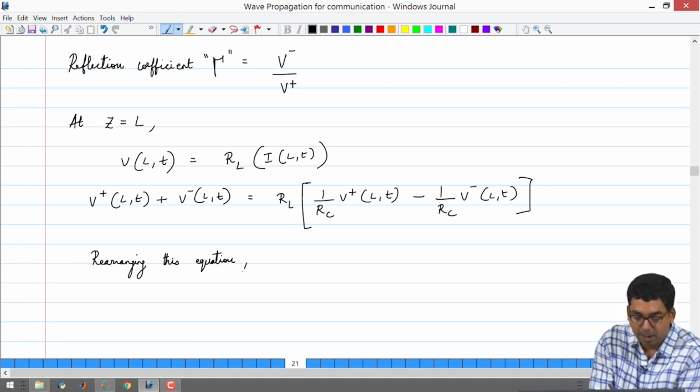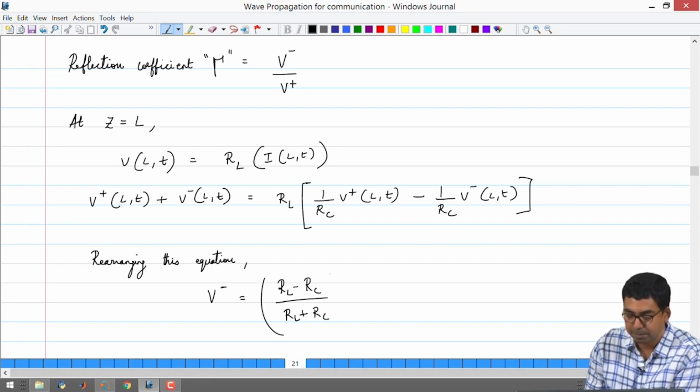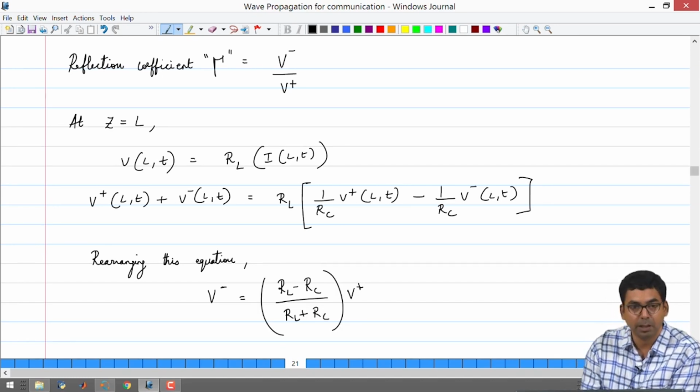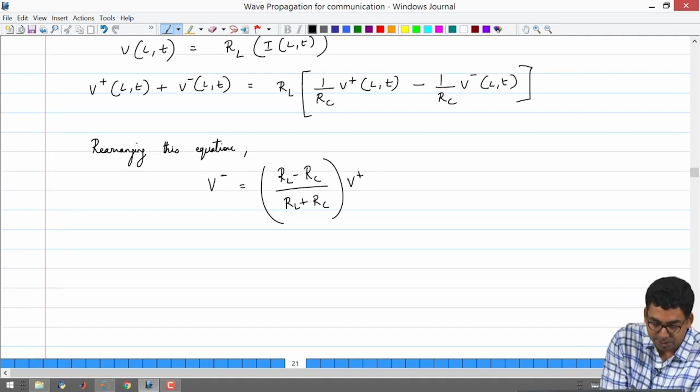You will have V minus equal to RL minus RC divided by RL plus RC times V plus. I am not going through all the steps, you can do the rearrangement on your own.